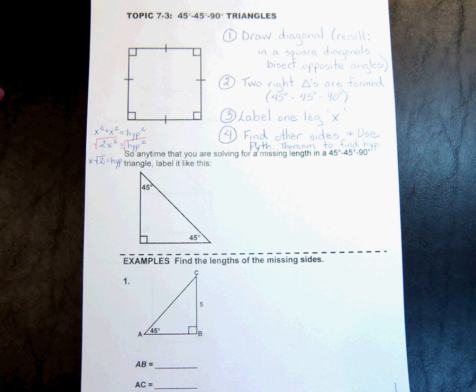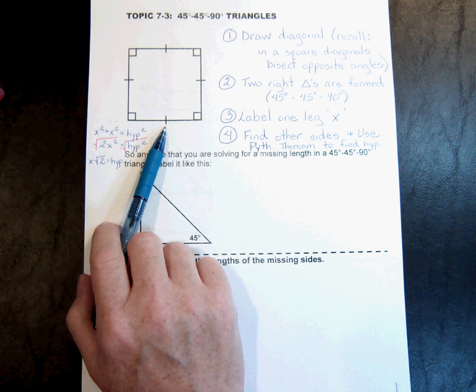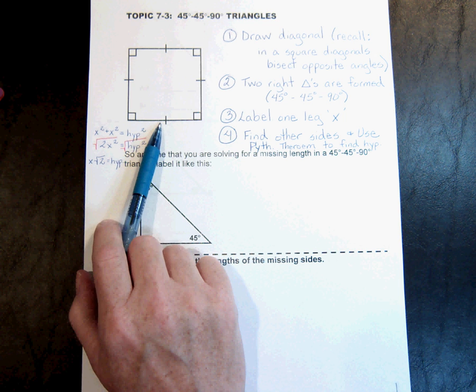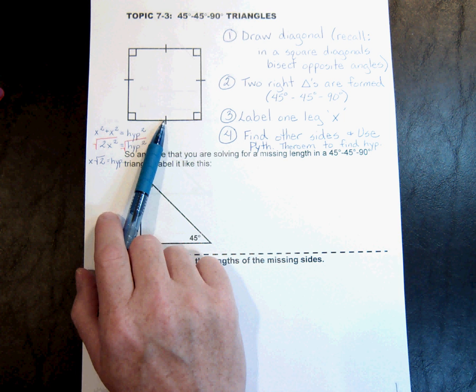90. And I like how they started out by showing it as a square, because this is where we can derive this triangle that's always taken from the diagonal drawn from a square.